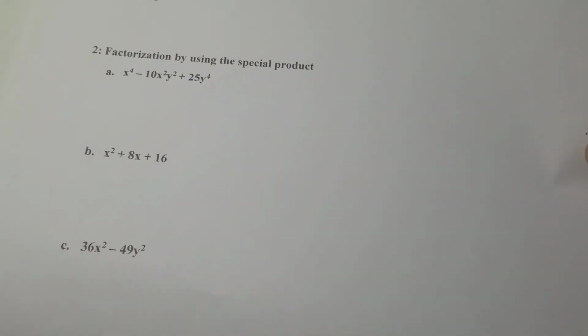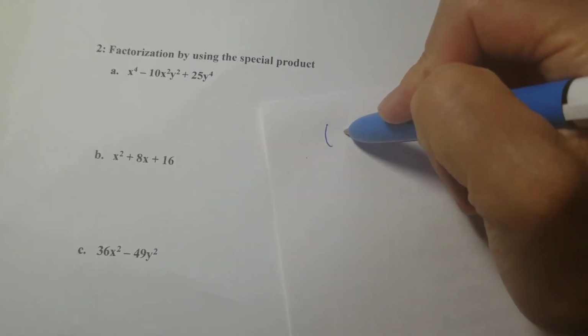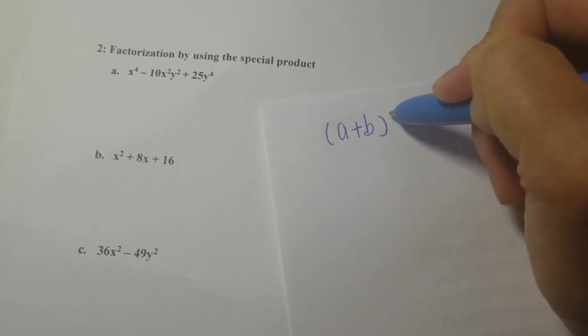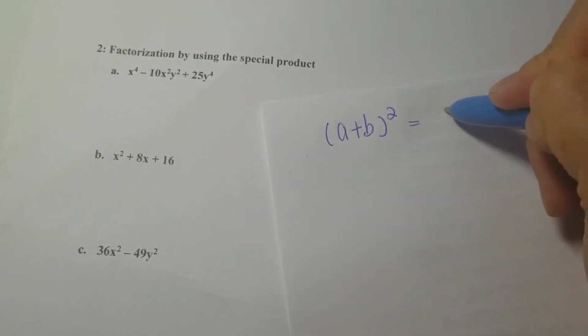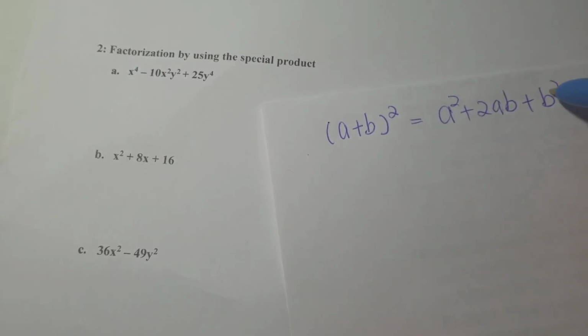For question number 2, you're going to have 2 or 3 questions. It's all about special products. Now let's quickly recall special product, where we have (a plus b) squared equal a squared plus 2ab plus b squared.